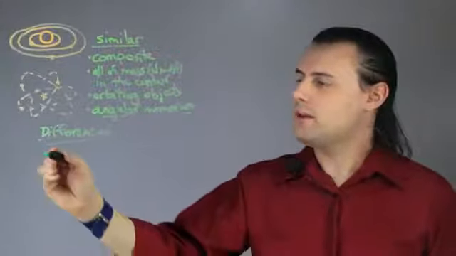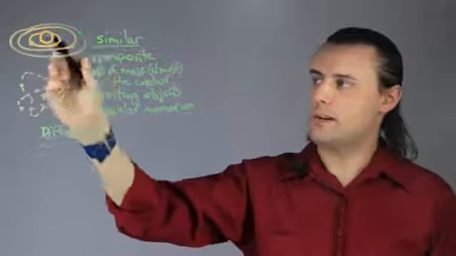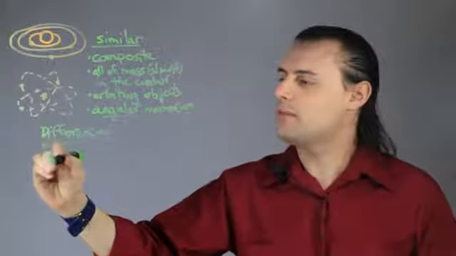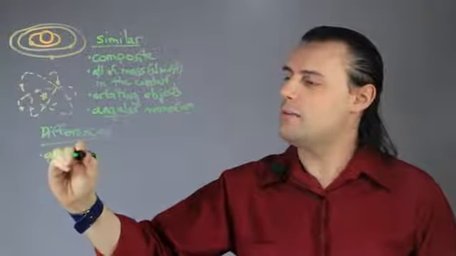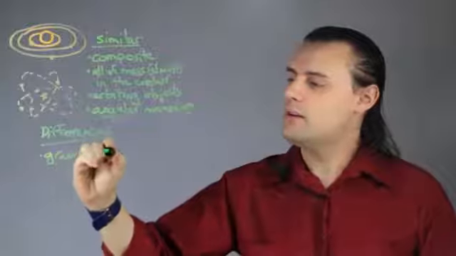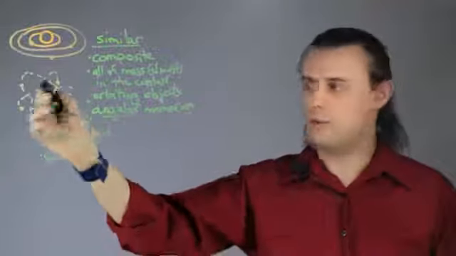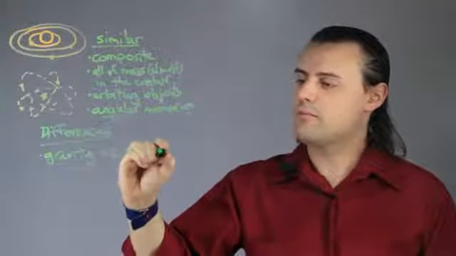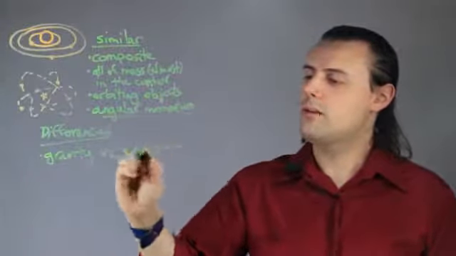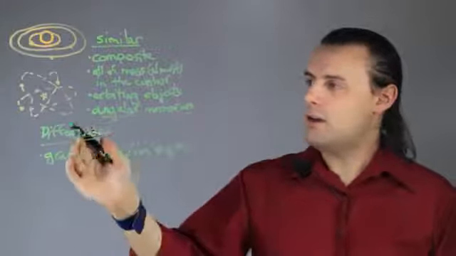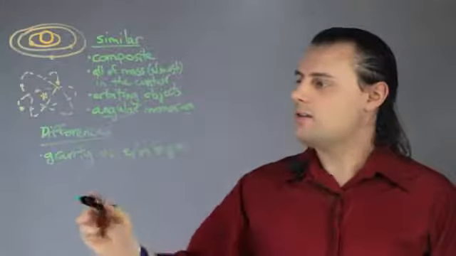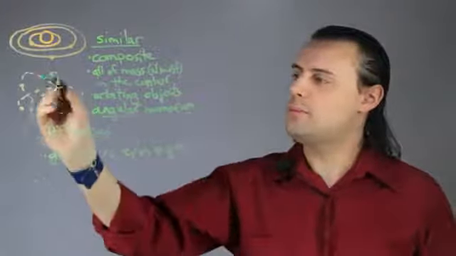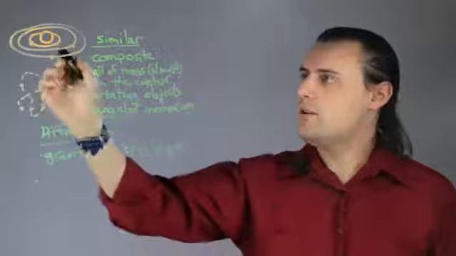One difference is that a solar system's dynamics are governed and dominated by gravitation, whereas the dynamics of an atom is dominated by electromagnetic forces and quantum mechanics, EM and QM.